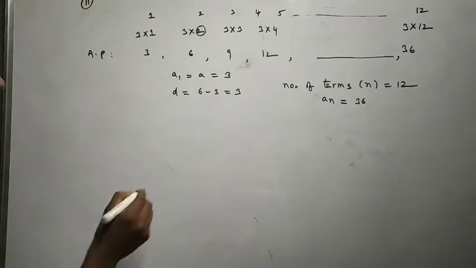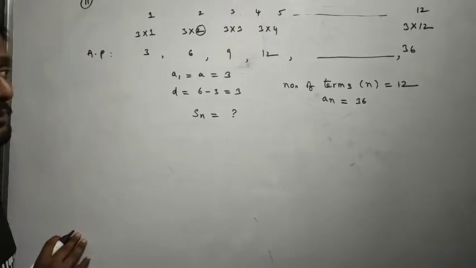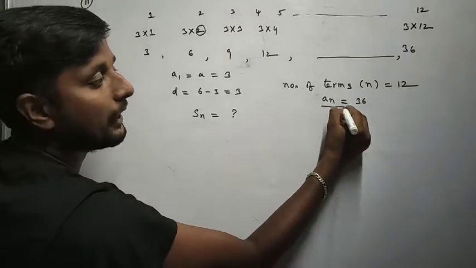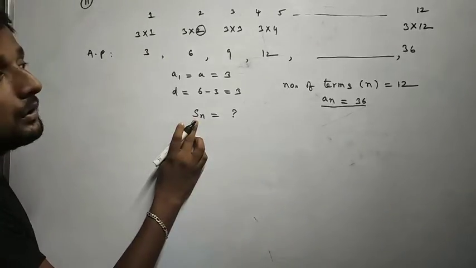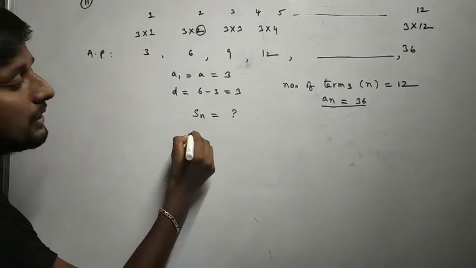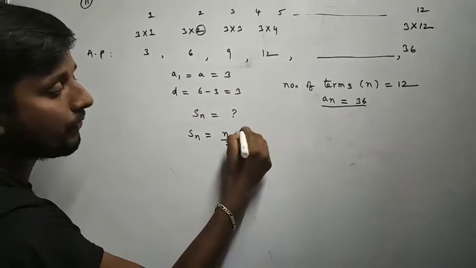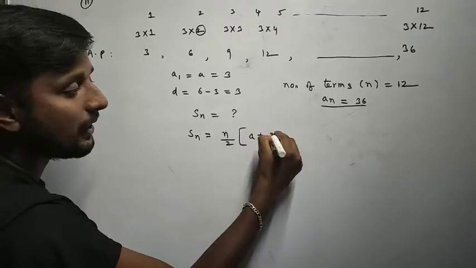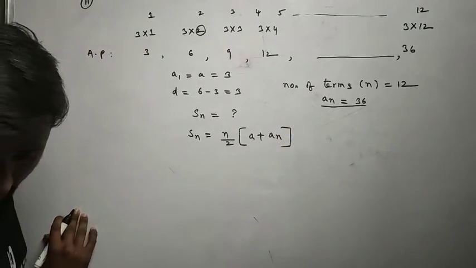Now what should we find? We should find Sn now. Already we have an, correct? By using an, we can find the sum of the first 12 terms using this formula: Sn is equal to n by 2 of (a plus an). Am I right?